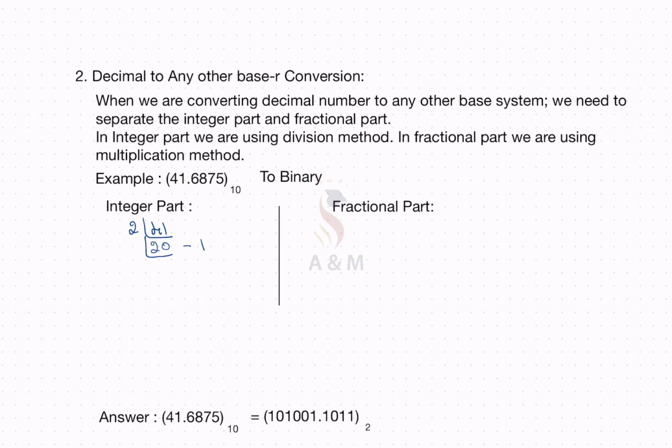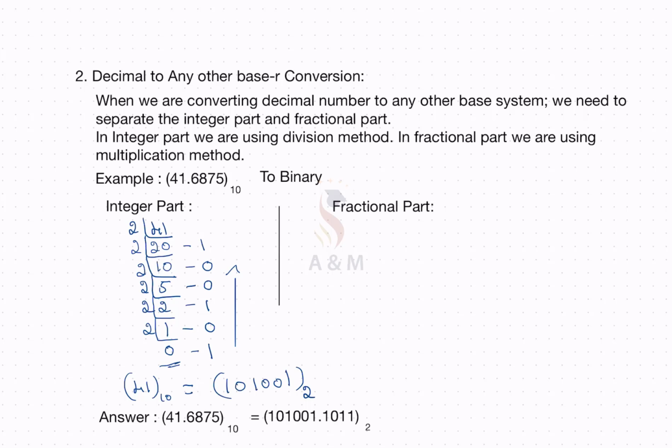Again 1 is divided by 2, we get 0 and remainder 1. Now consider the values from bottom to up. We get 41 to the base 10, which is equal to 101001 to the base 2, which is in binary form.